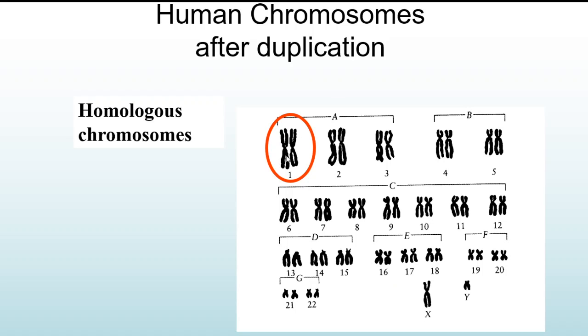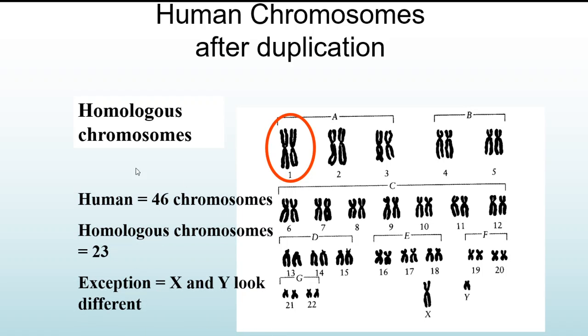And these are called homologous chromosomes. One of the important things to help you is that HOMO means the same. So homologous means the same. These are exact copies. These ones that are tied at the center, looking like they're tied with a knot, are the same. And we call them homologous because they are exactly the same.